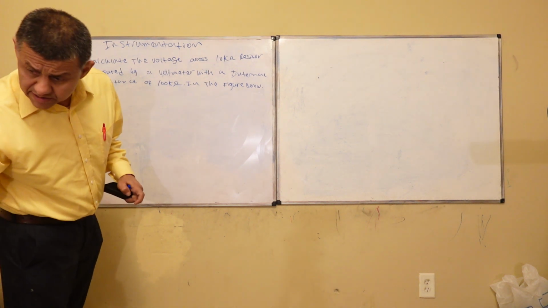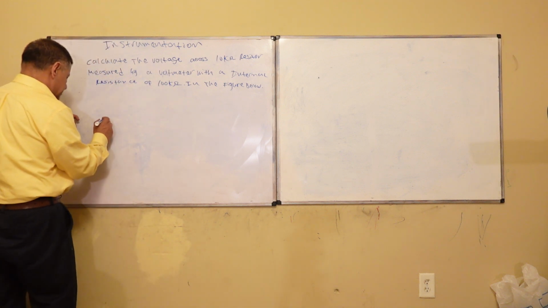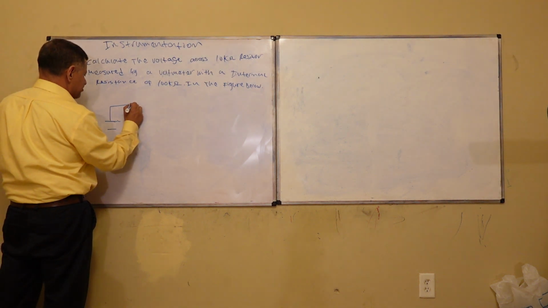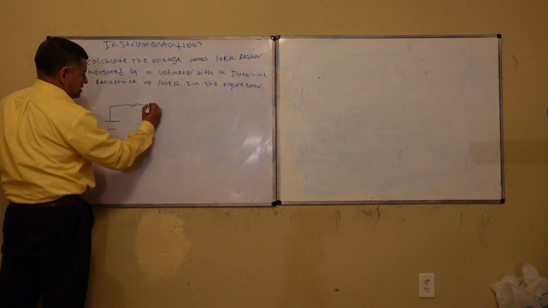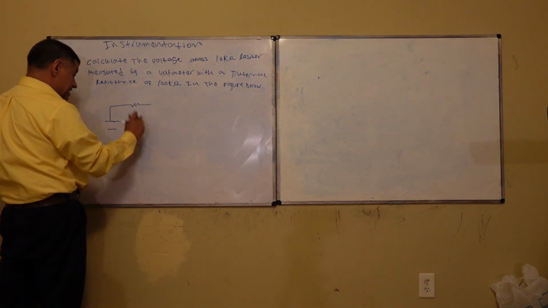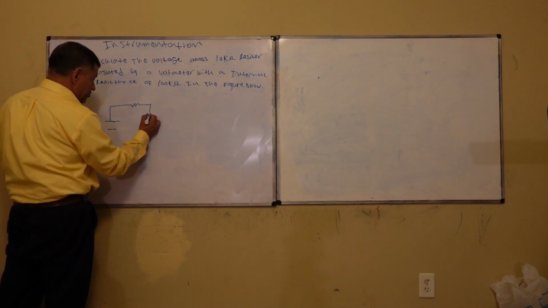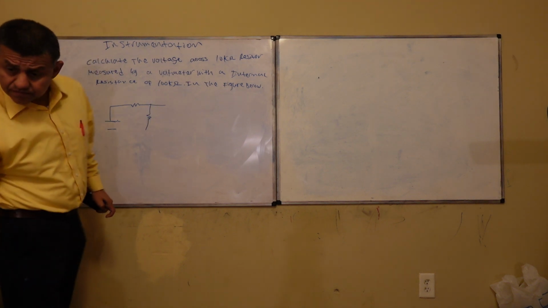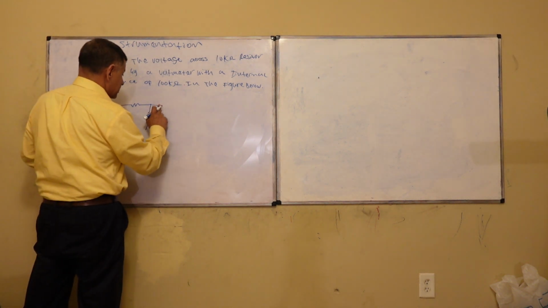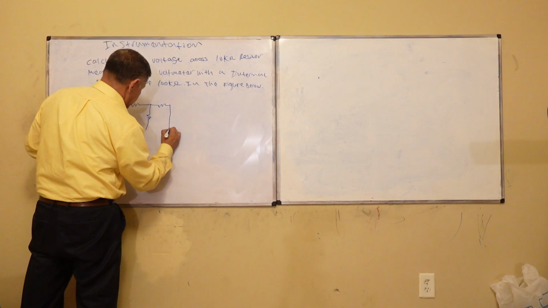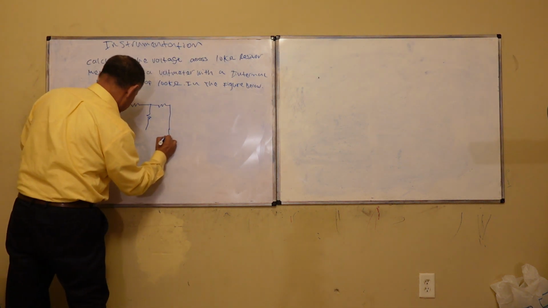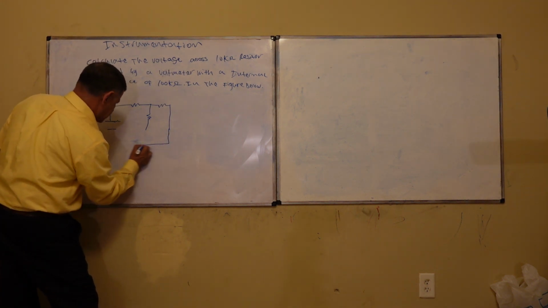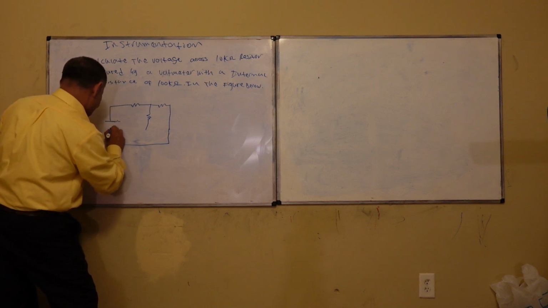We have a battery like this, and we have a power source like this, and then we have a resistor like this, and another resistor like this, and another resistor like this, and then we drop those to ground, and right here you can go up.